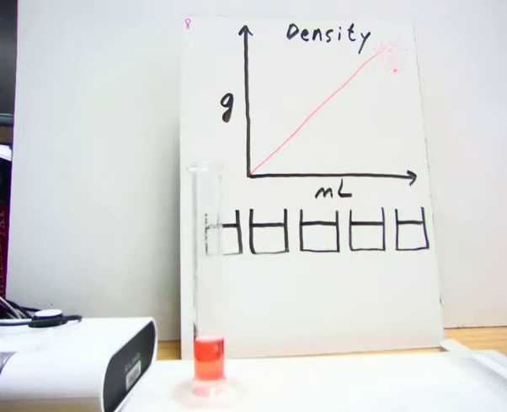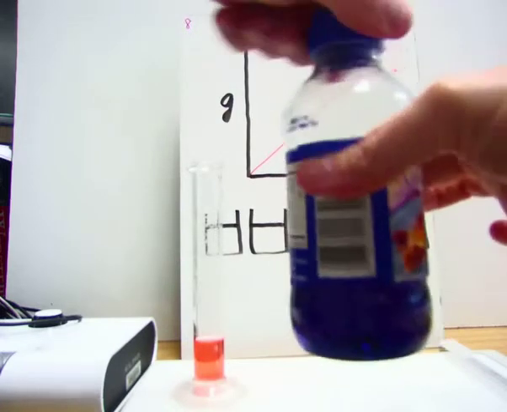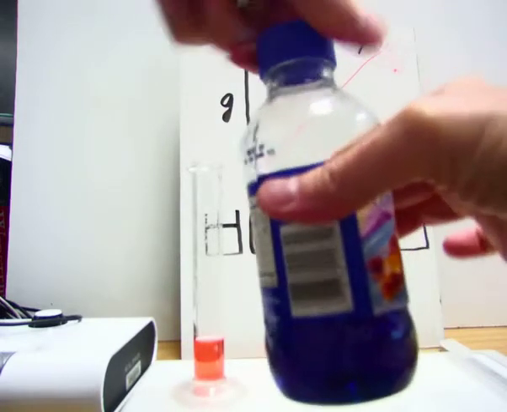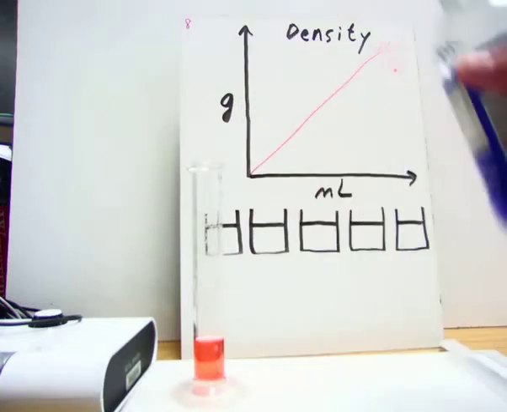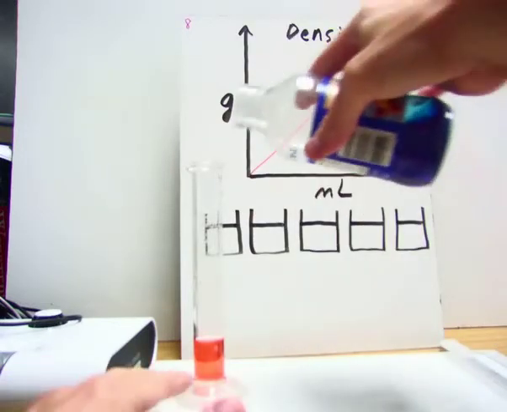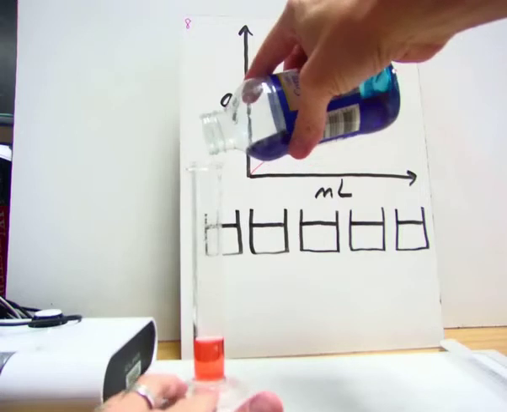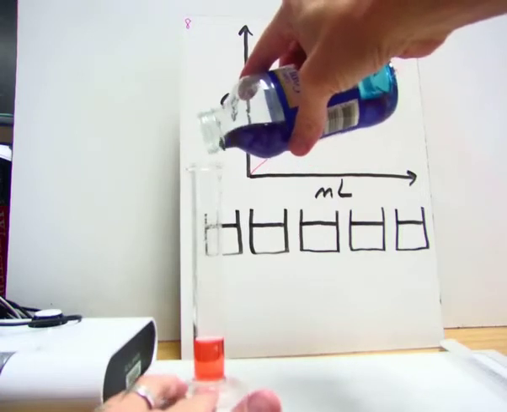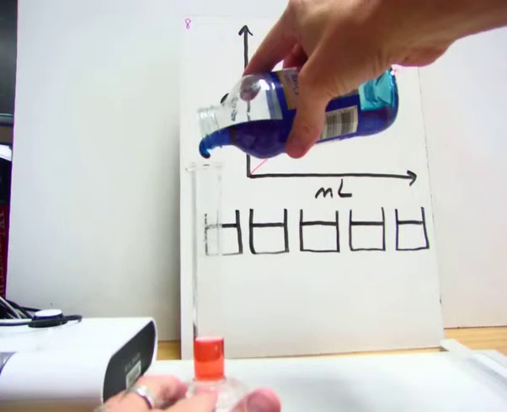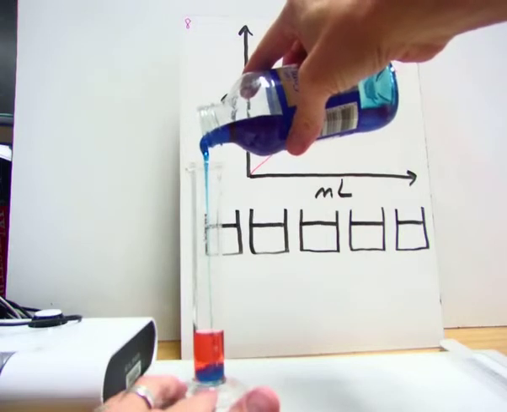I'm going to add some corn syrup here, colored with blue food coloring just to make it pretty and so that we can see what's going on. Pour that into the water and see which is more dense and which is less dense.